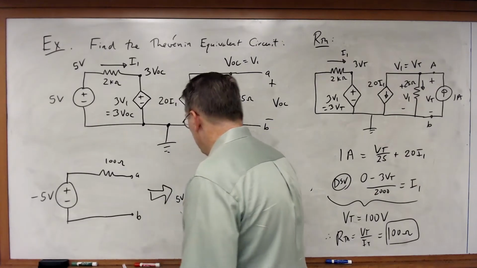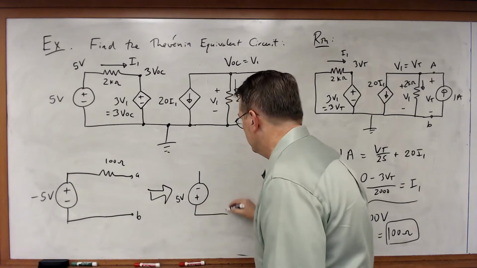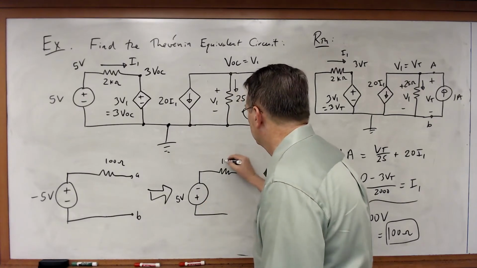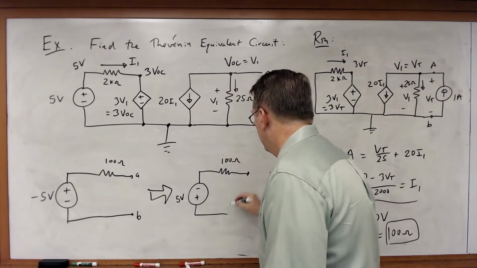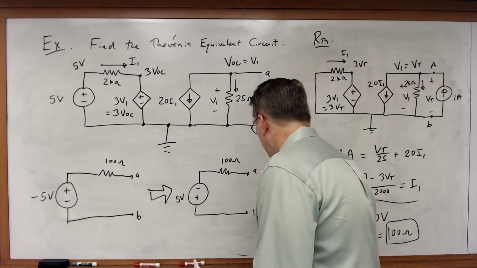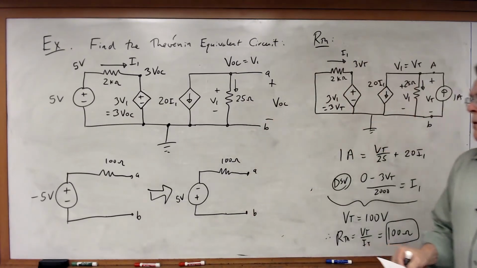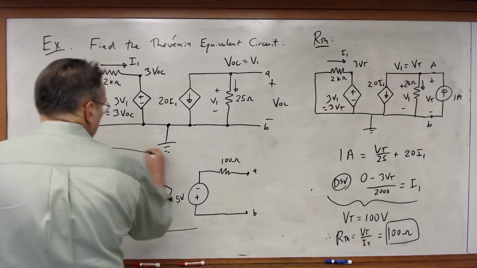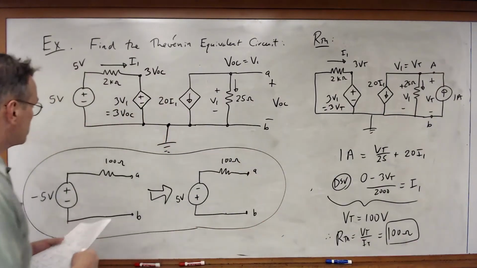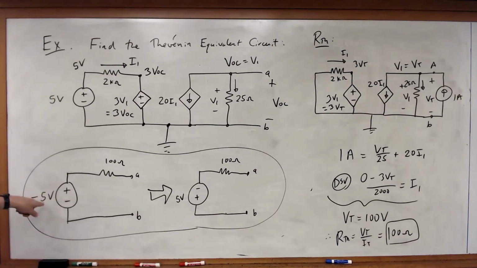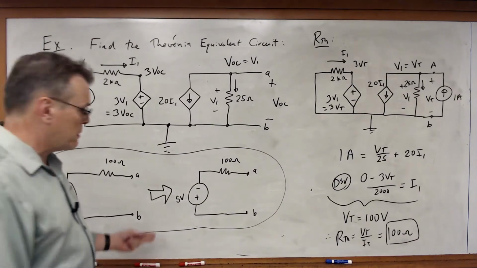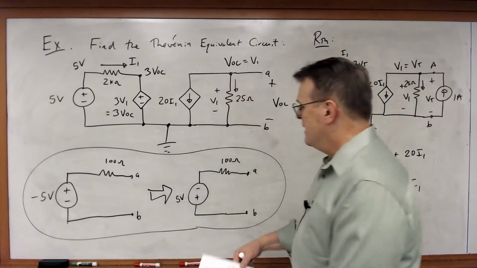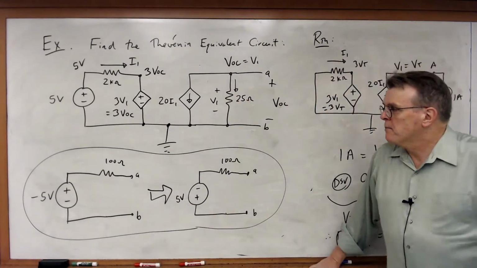It's equal to 5 volts negative to positive between A and B. And there's our Thevenin equivalent circuit. So, interesting little circuit. Also interesting due to the fact we've got that minus 5 volts, and we can turn that into a plus by flipping the polarity around.